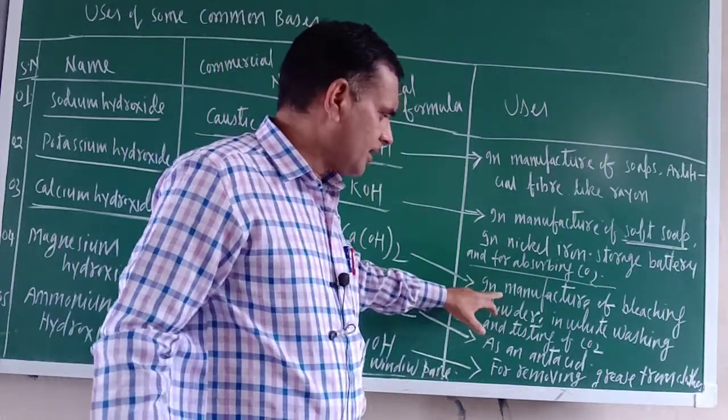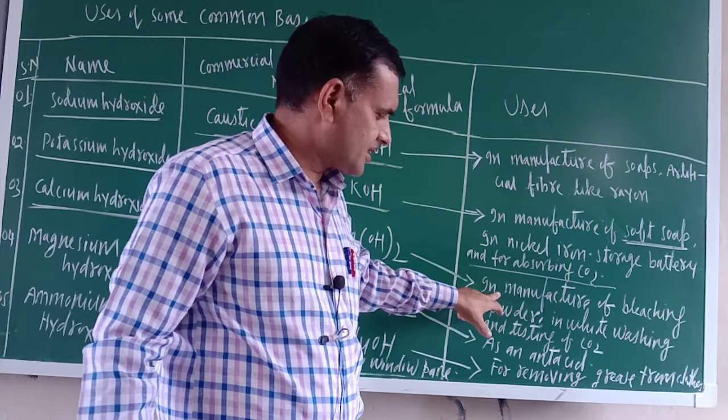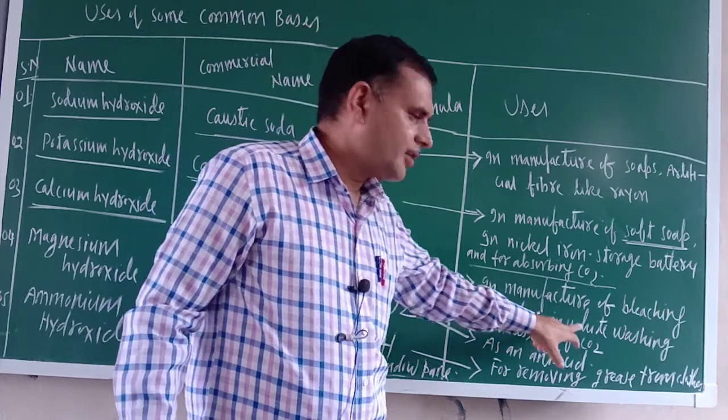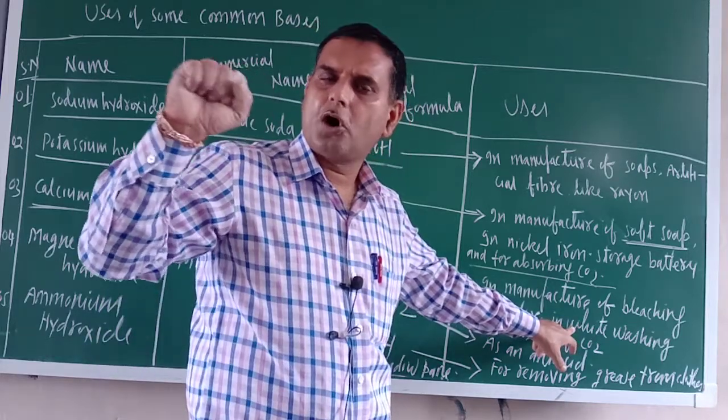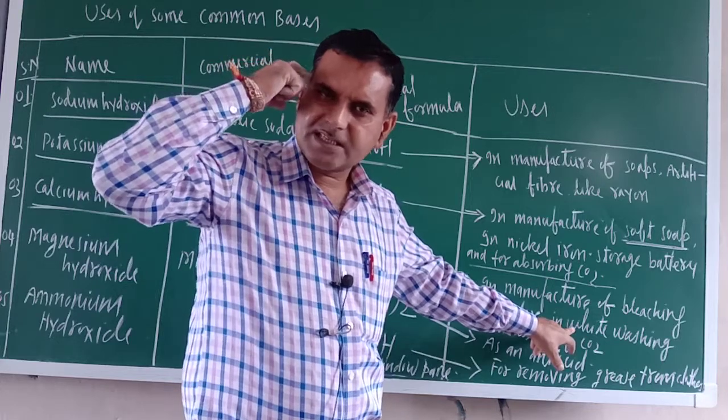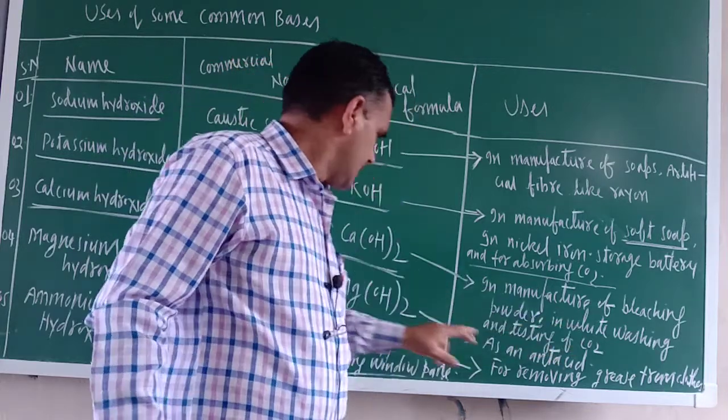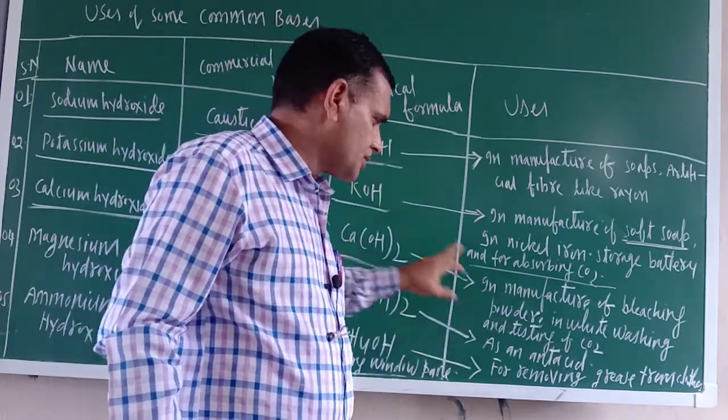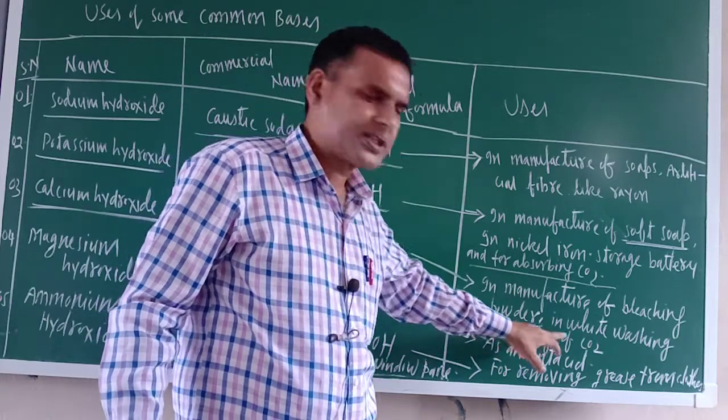I will teach you this unit later on. But just remember, calcium hydroxide is used in the manufacture of bleaching powder and in whitewashing of walls or other places. Another use is in testing of CO2.